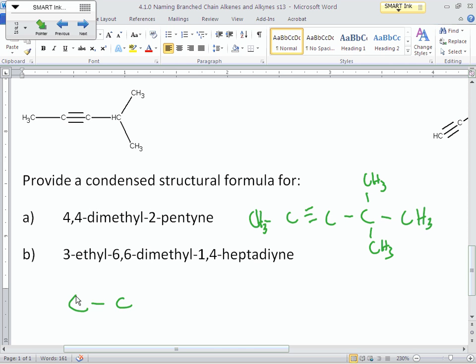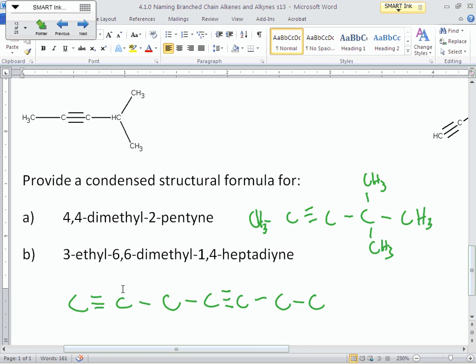Heptadiene. 1, 2, 3, 4, 5, 6, 7. 1. Double bond there. 2, 3, 4. So it's after the 4, right? Our double and triple bonds go after the number.